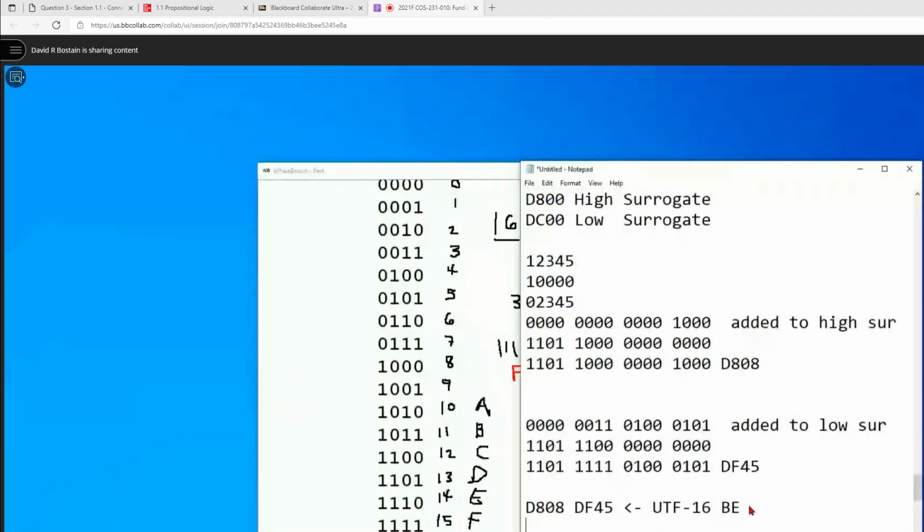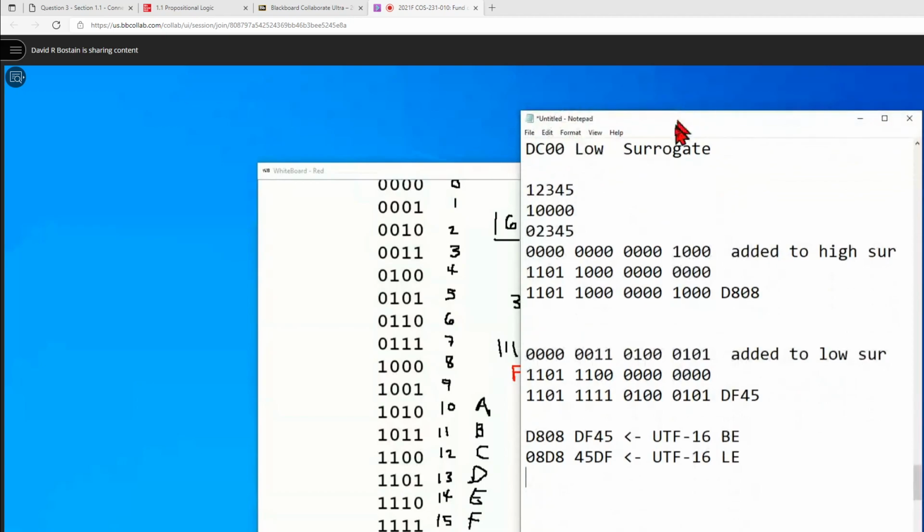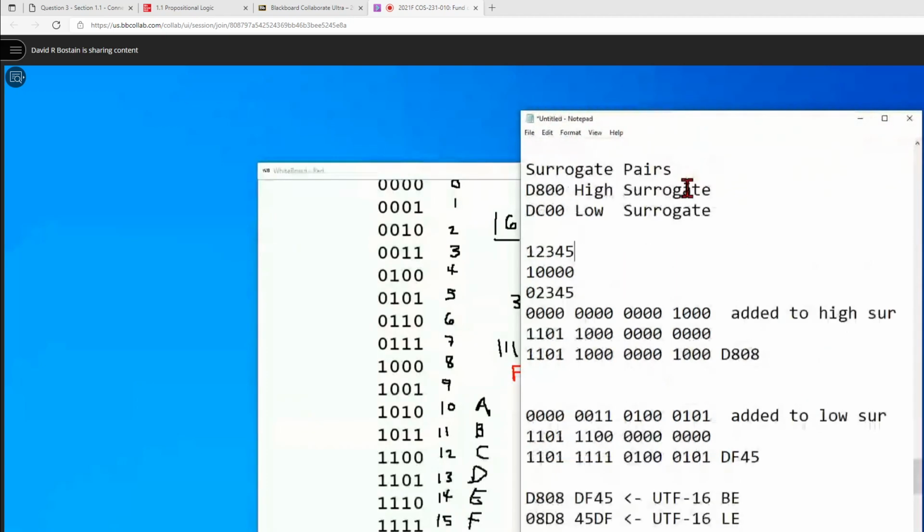Now, because we're working with 2-byte entities, when we make it little endian, it's only the little endian parts that get changed. I think everything can get on the screen there.